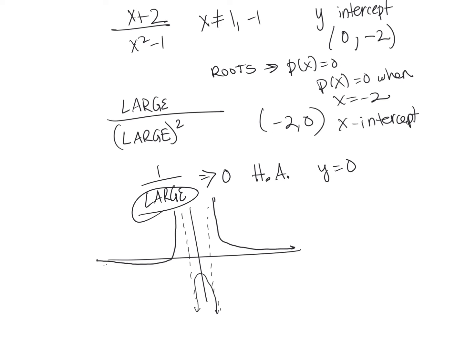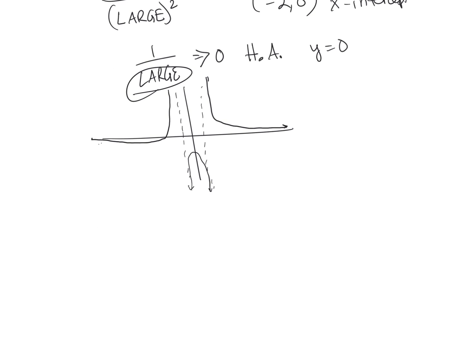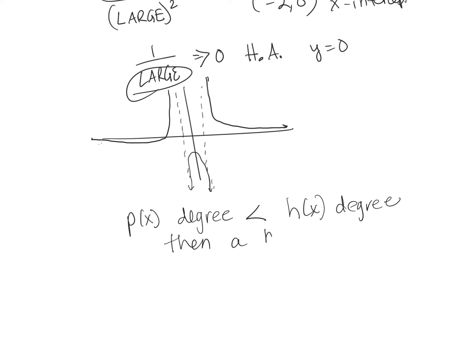Let's take another look. So the rule then here is that if you have P of x, if P of x's degree is less than H of x's degree, then you're going to have a horizontal asymptote at the x-axis at y equals 0.